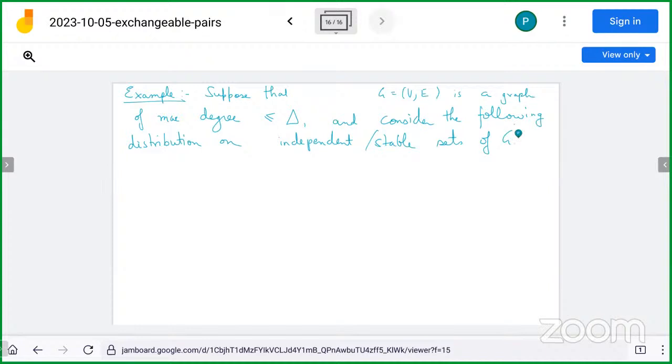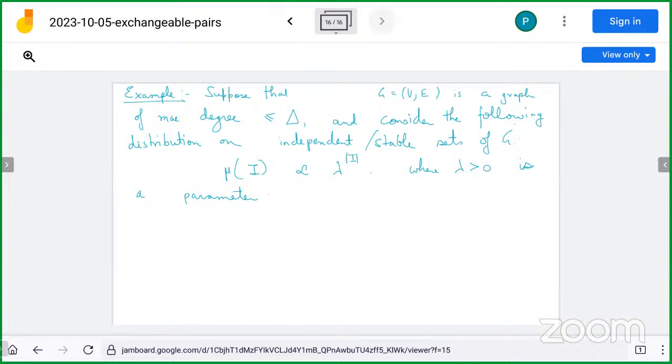Mu of I is proportional to lambda to the size of I.